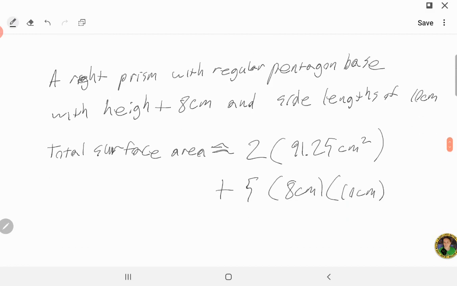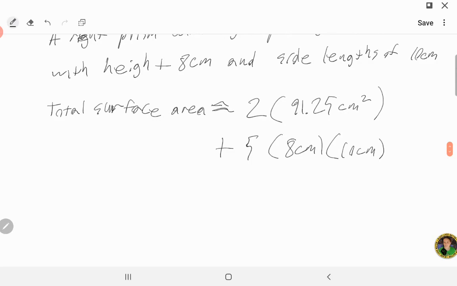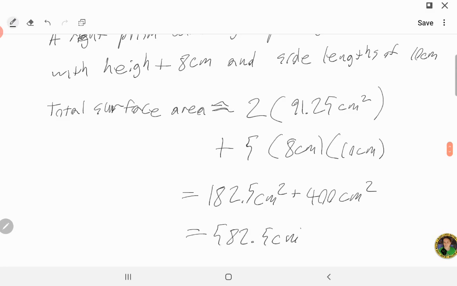And so that lateral surface area will often be fairly straightforward. So we're going to get 182.5 square centimeters plus 400 square centimeters. And so we're going to get 582.5 square centimeters.